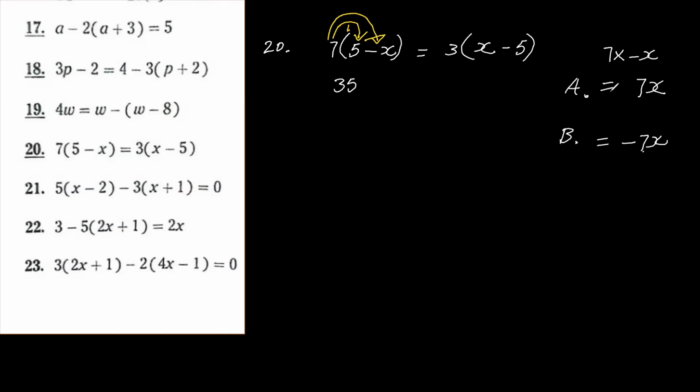Some people have a little issue with the directed numbers, and after we finish with 20, I'm going to go through some directed numbers with you all again. When you're multiplying a positive by a negative, you'll get a negative answer. So 7 times negative x would be negative 7x.